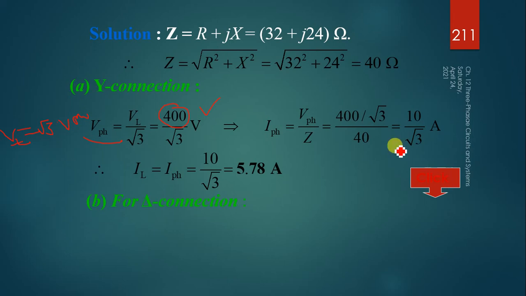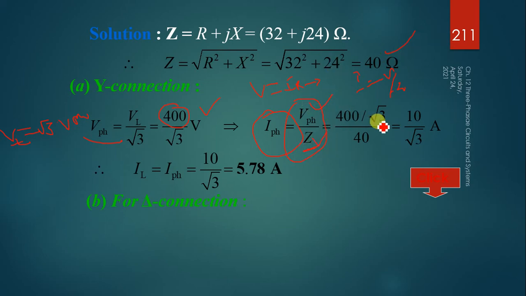But what is I phase? As we know, V is equal to IR, here R is equal to Z, so I is equal to V by Z. Using that formula, we get V phase by Z. Z is already known, which is 40 here.